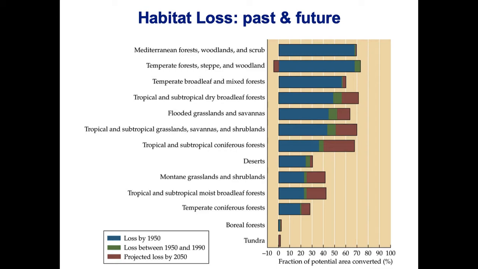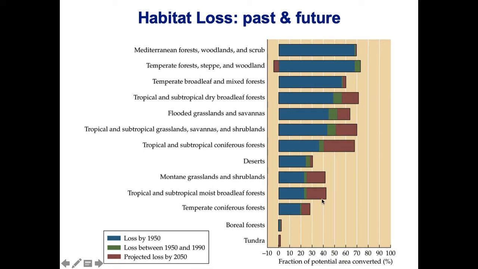So the biggest one we see is here, the tropical and subtropical coniferous forest. And then we see some other chunks here in tropical grasslands, tropical and subtropical dry broadleaf forests, montane grasslands, and then tropical and subtropical moist broadleaf forests.